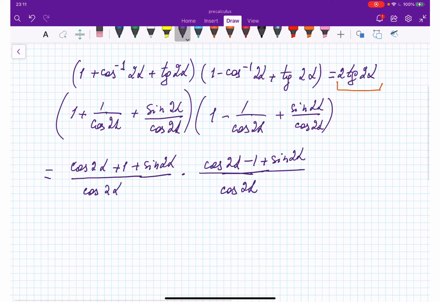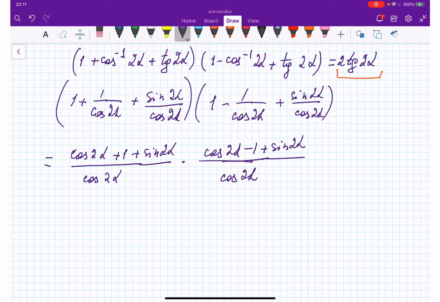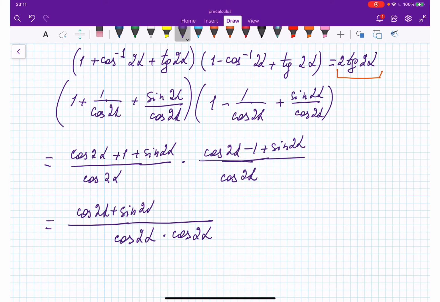Okay, so from here, what am I going to do? I'm going to separate, write down like this, cosine squared alpha, right? Because cosine alpha times cosine alpha. I'm going to get cosine alpha plus sine alpha plus 1.